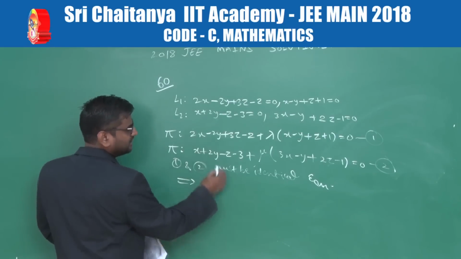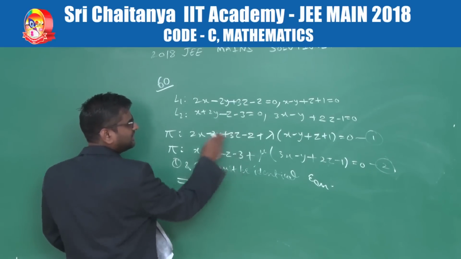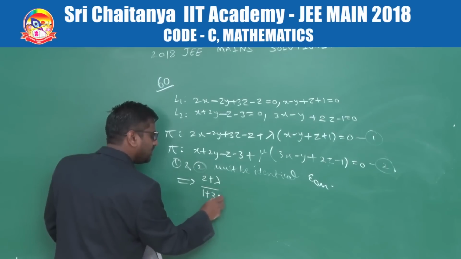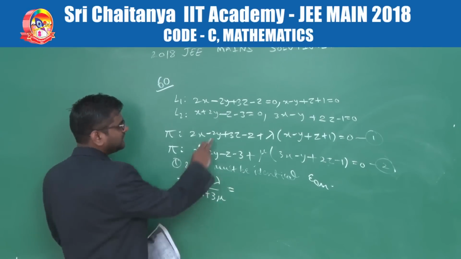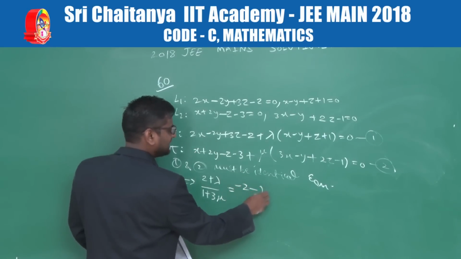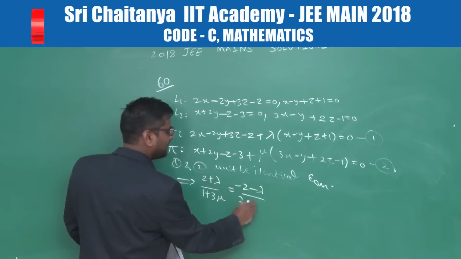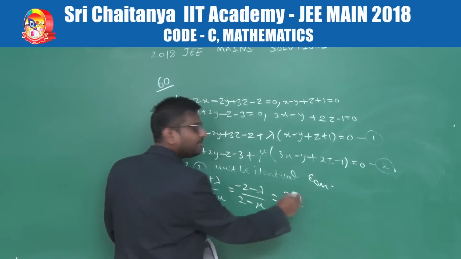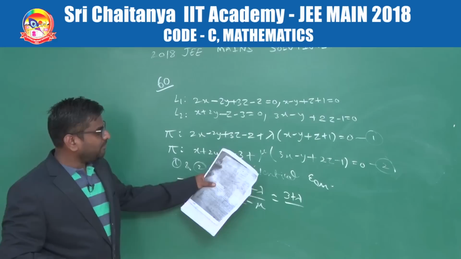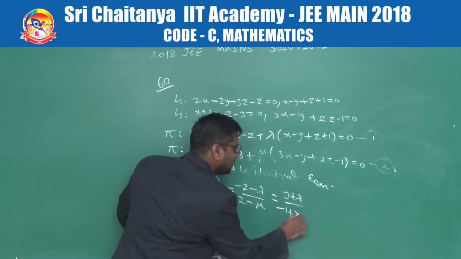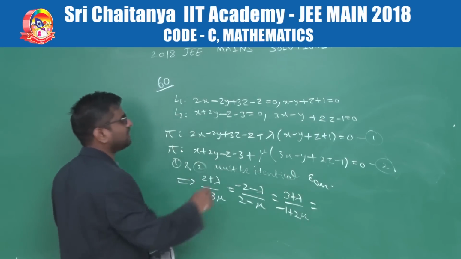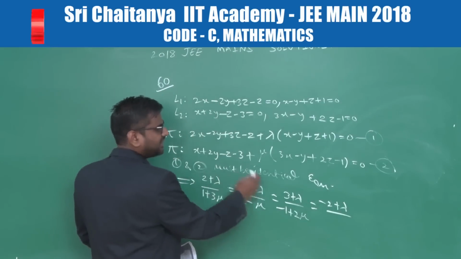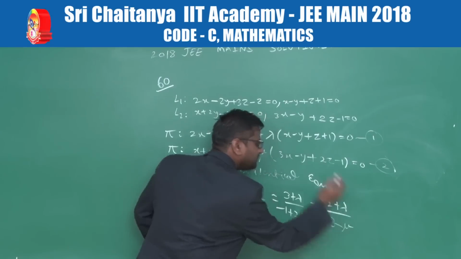Coefficient of x, if you see, is 2 plus lambda in this equation, and here it would be 1 plus 3 mu, that should be equal to the coefficient of y, minus 2 minus lambda by 2 minus mu, z coefficient, 3 plus lambda divided by minus 1 plus 2 mu, and that should be equal to the constant, minus 2 plus lambda divided by minus 3 minus mu.